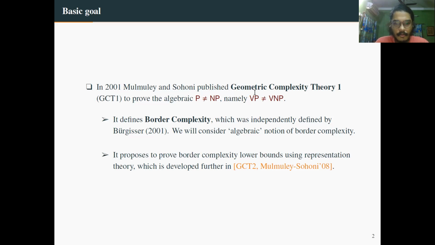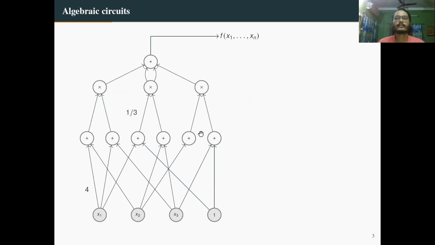To prove complexity theoretic lower bounds using algebraic geometry and representation theory. This was more concretely and explicitly written in the GCT2 paper by the same Mulmuley and Sohoni back in 2008. Okay, so what's the basic model of computation?